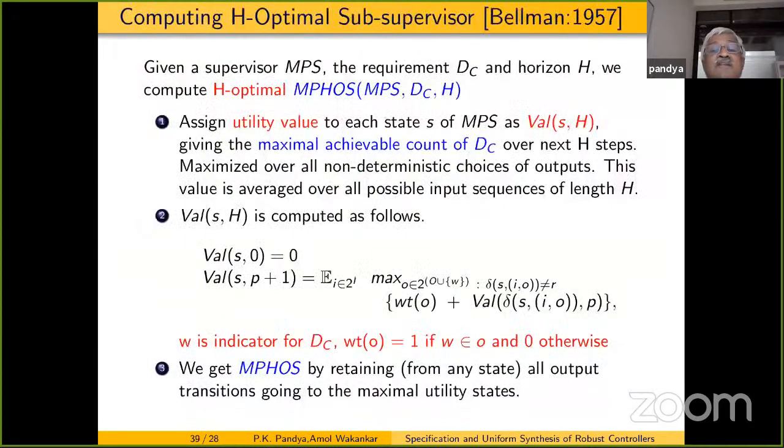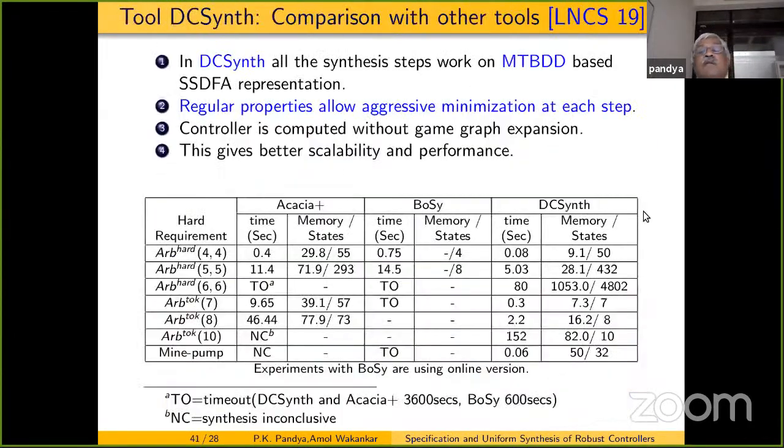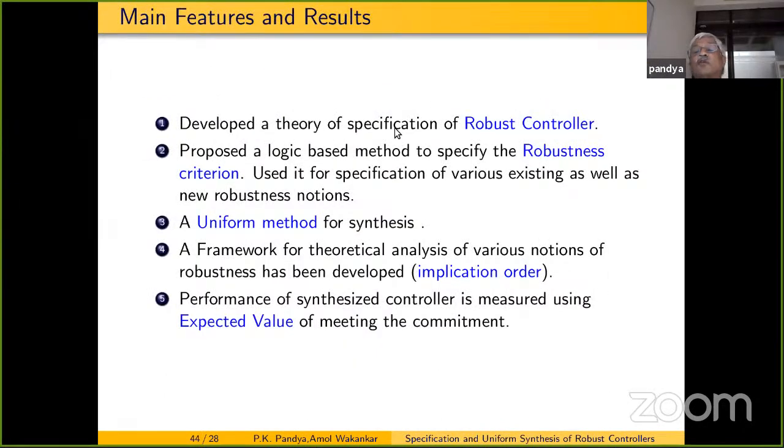So to summarize, we developed a theory of specifying robust controllers where the robustness criterion, instead of being a semantic criterion and having to develop a separate algorithm for that, can now be written in logic.